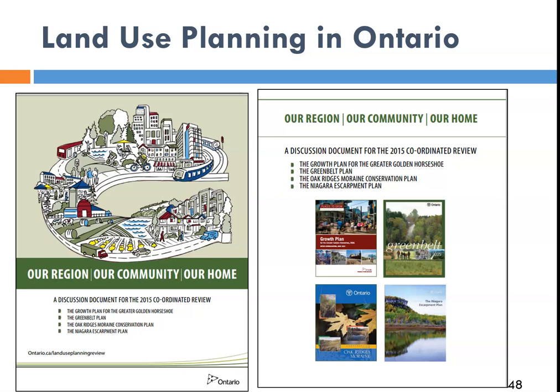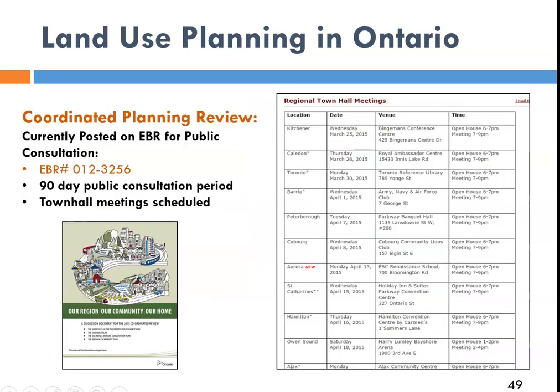It's got the Greenbelt Plan that we just talked about, and it is inclusive of the two plans that guide development in the Oak Ridges Moraine and Niagara Escarpment Plan. And so in 2015, that coordinated review of all of those documents happened, which resulted in the two documents that we just reviewed today.